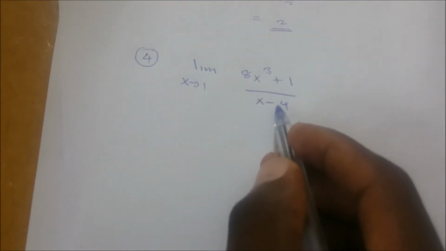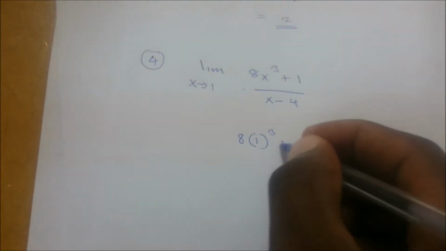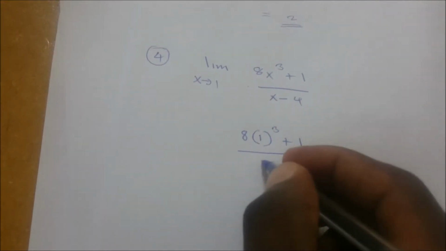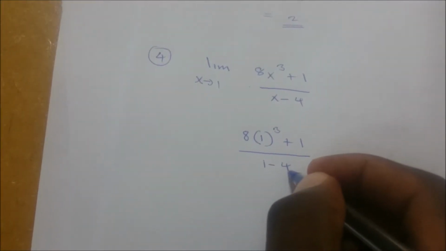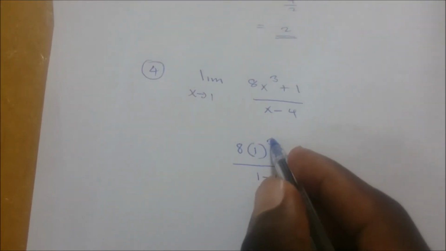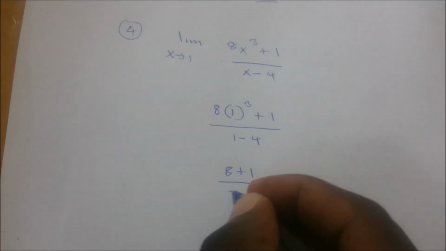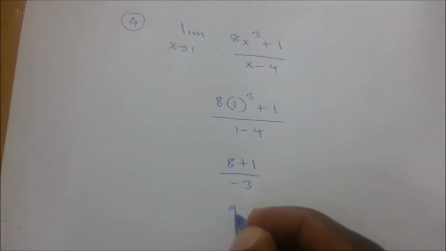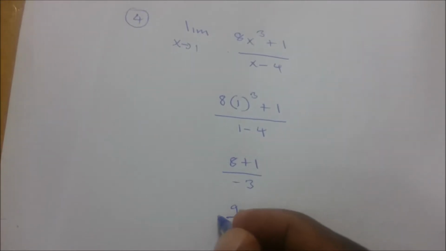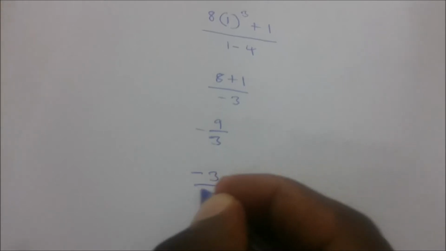The answer will be negative 3, so it can work. So we are going to substitute. You are going to have 8 times 1 cubed plus 1 over 1 minus 4. So 1 to the power 3 is 1. 1 times 8. So we're going to have 8 plus 1 over minus 3, which is 9 over minus 3, which is equal to minus 3.